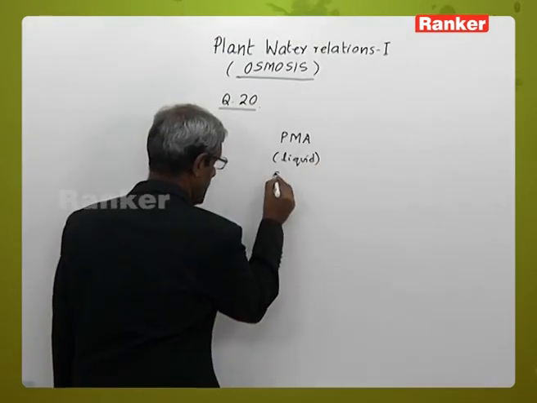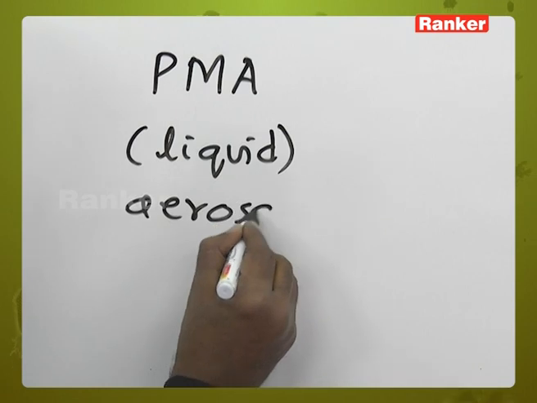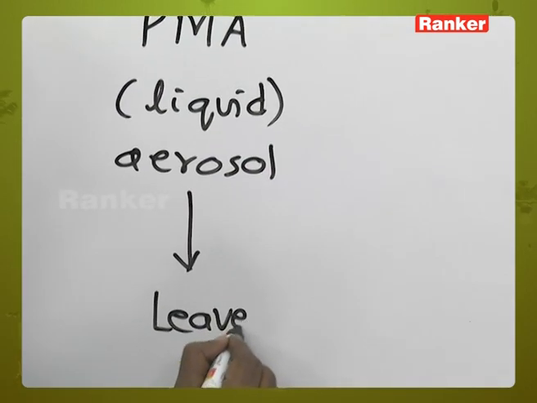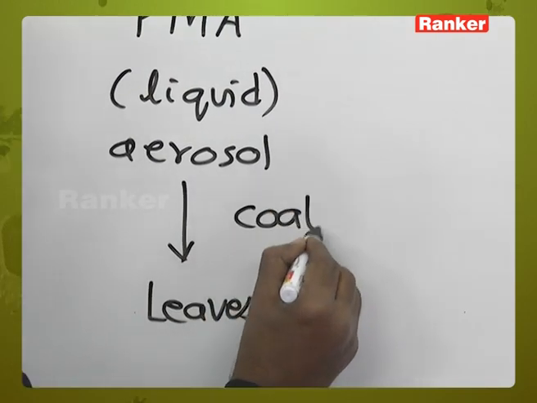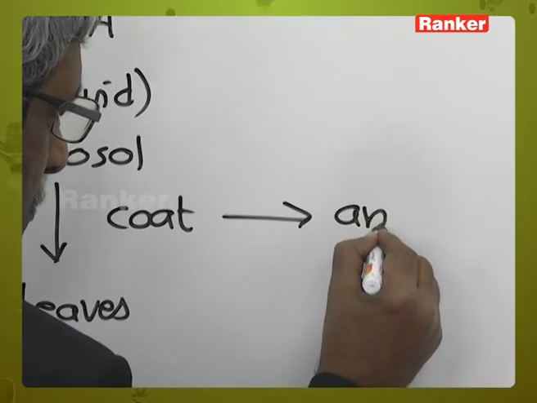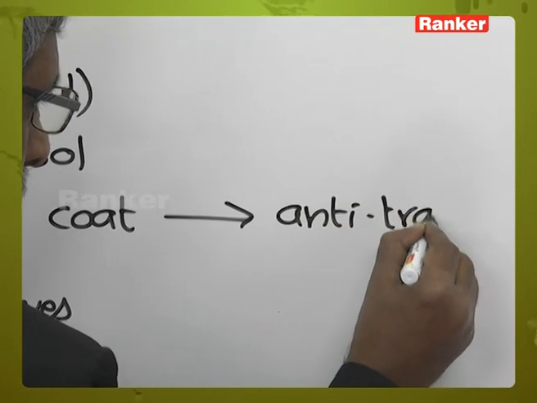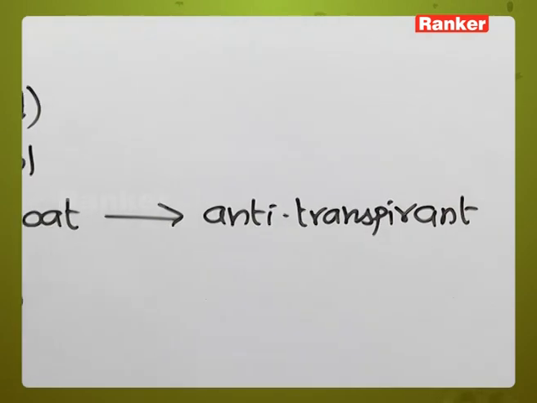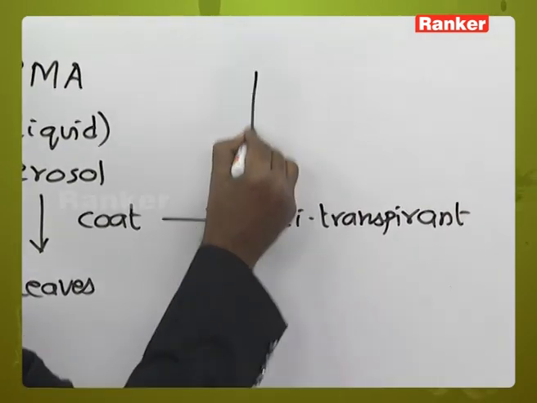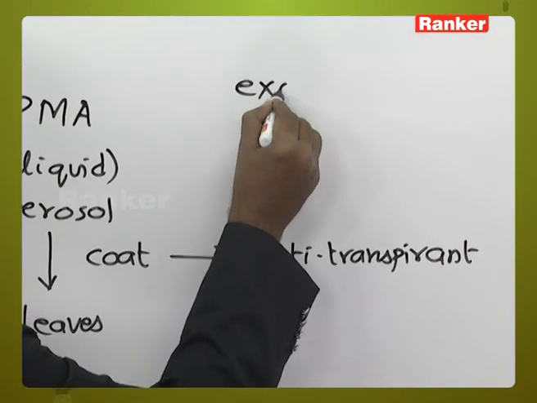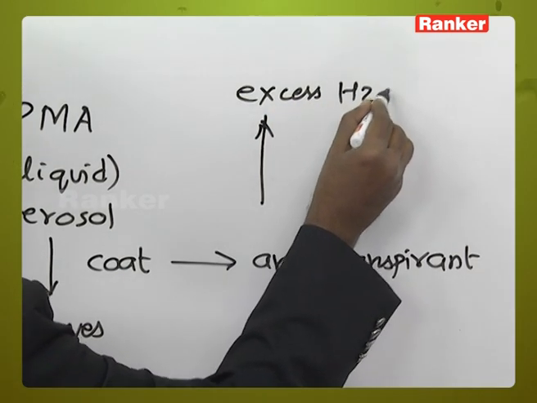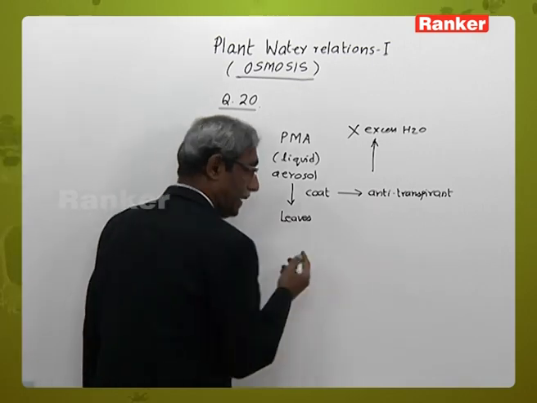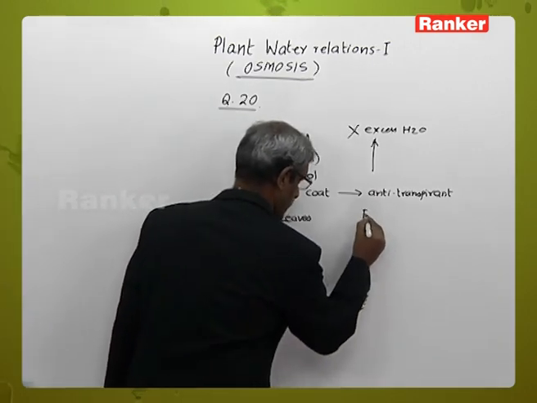It is also used as an aerosol, which when put on leaves, forms a coat which acts like an antitranspirant. So, it prevents excess loss of water, and thereby the plant tissues tend to remain fresh.